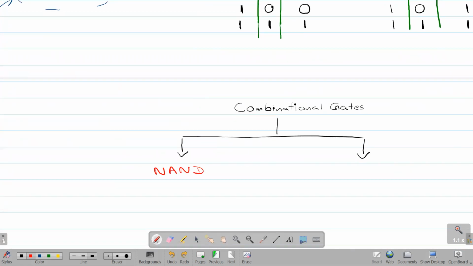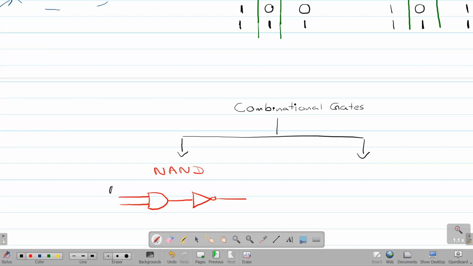We have an AND gate, and to the output of the AND gate, we connect a NOT gate.